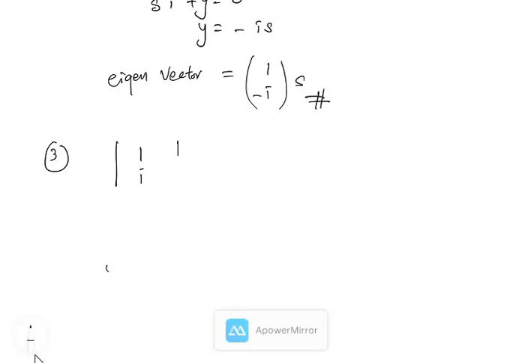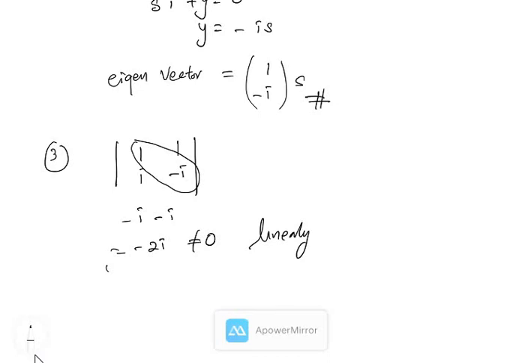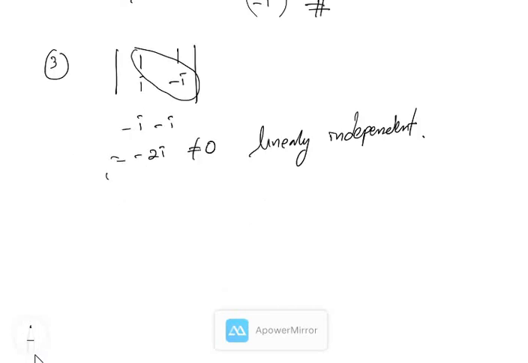So negative i minus i, so you get negative 2i, which is not equal to 0. And this is linearly independent. So when linearly independent, it's easy to get the general solution.